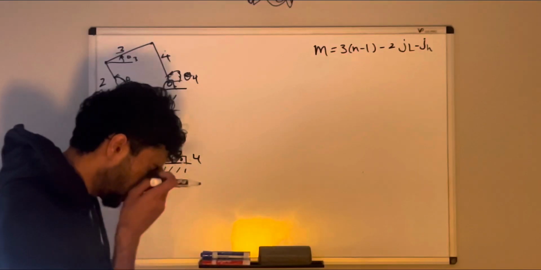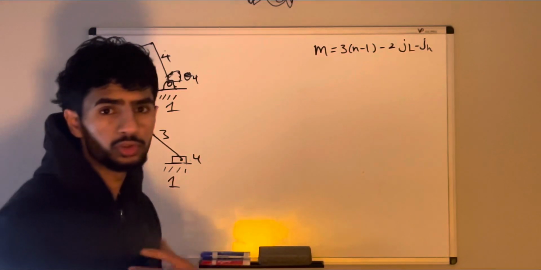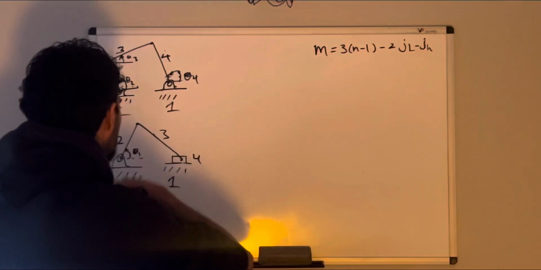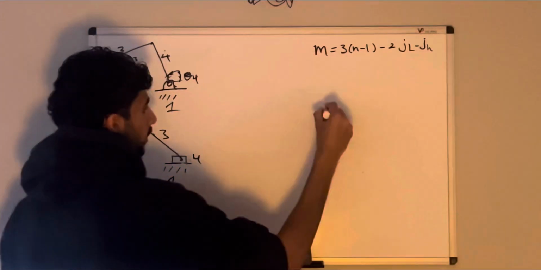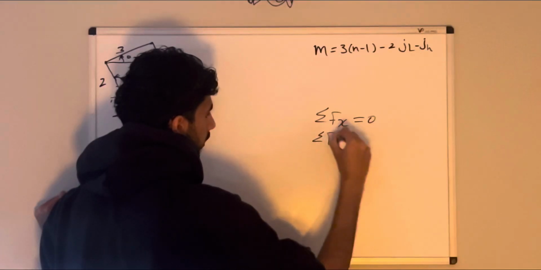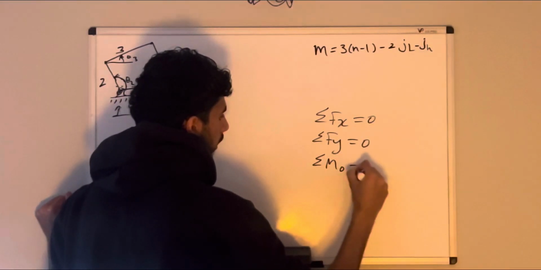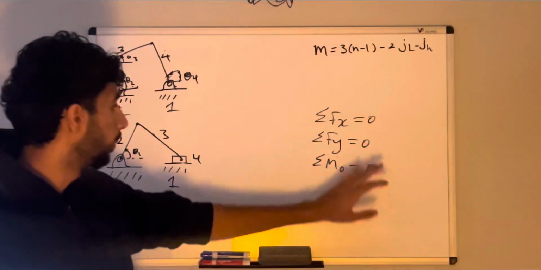Okay, so before we actually use this, let's try to understand it. So it can help us when investigating mechanisms. Okay. So let's go back to statics for a second. You should be familiar with these equations. These are the statics equations of equilibrium for a 2D plane.